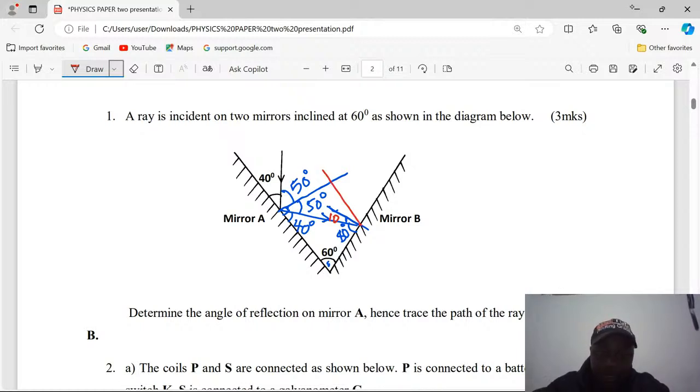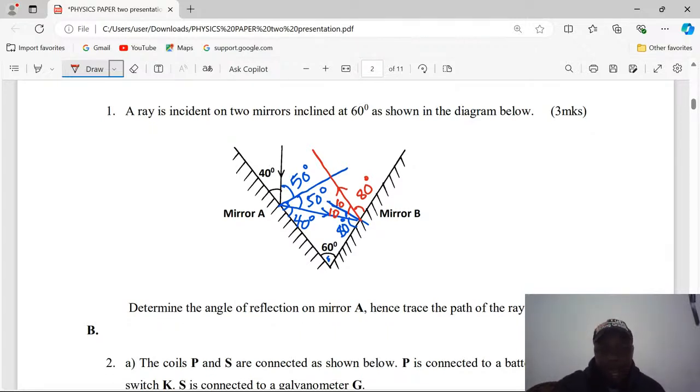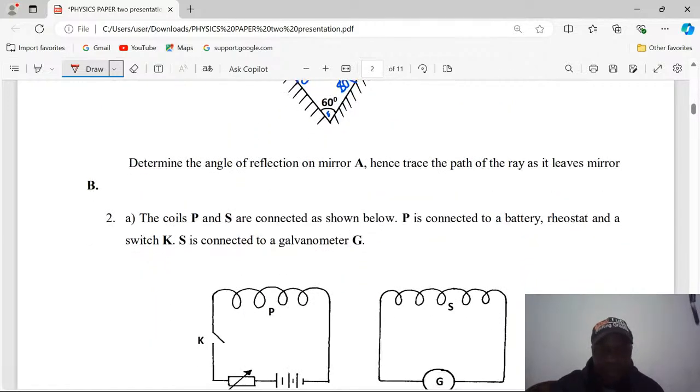Now the ray goes out, leaving 80 at this point and 10 at that point. So now we have the ray sketched until it leaves mirror B. So that is how it happens.